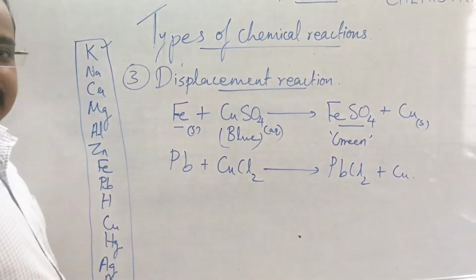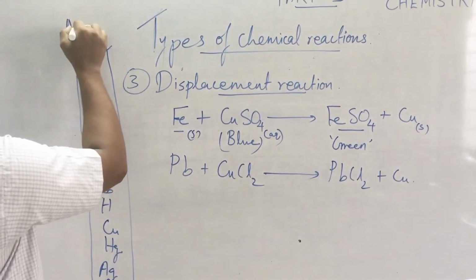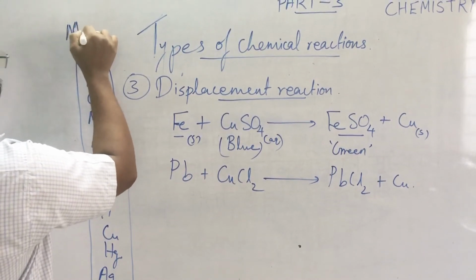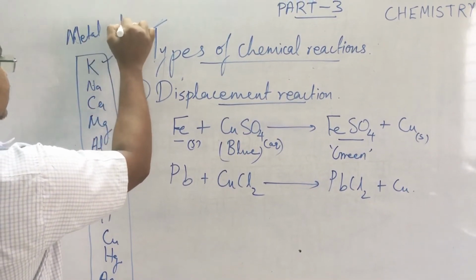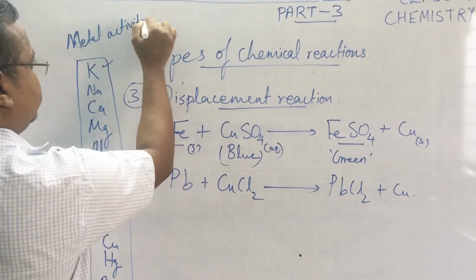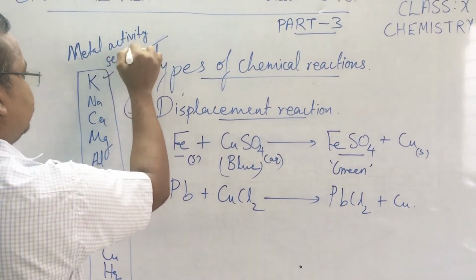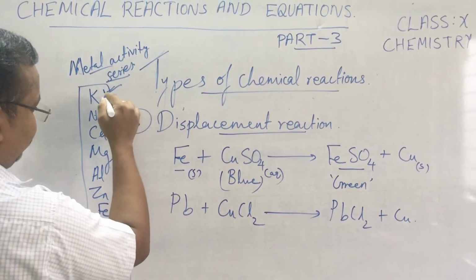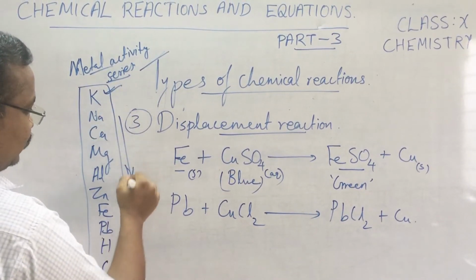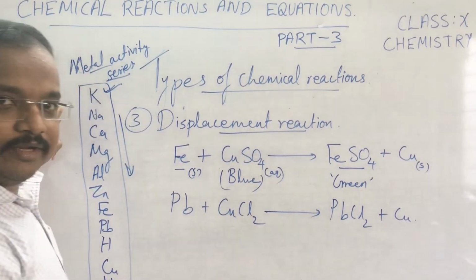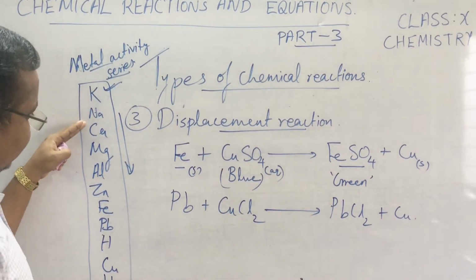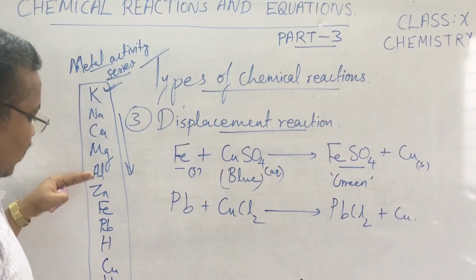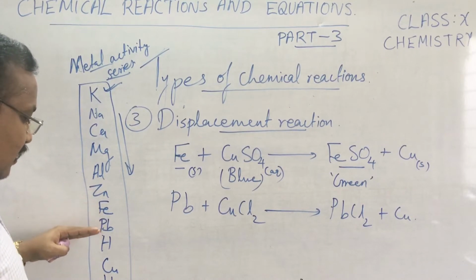This is actually our metal activity series, in which metals are written from the more reactive metal to the less reactive metal. So we can say that sodium and potassium are highly reactive, then calcium, magnesium, aluminum, zinc, iron, lead.